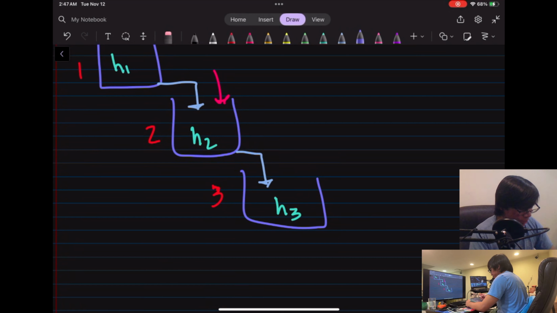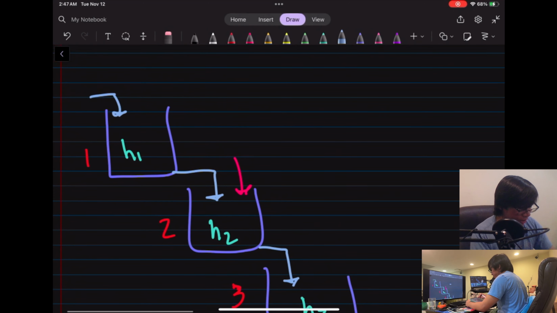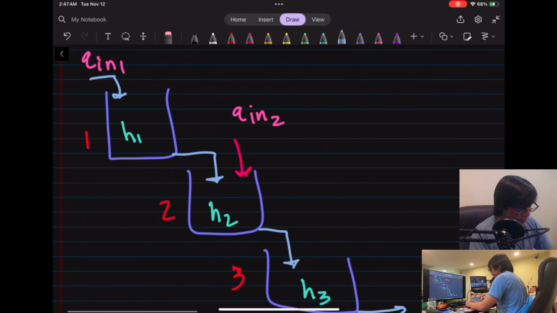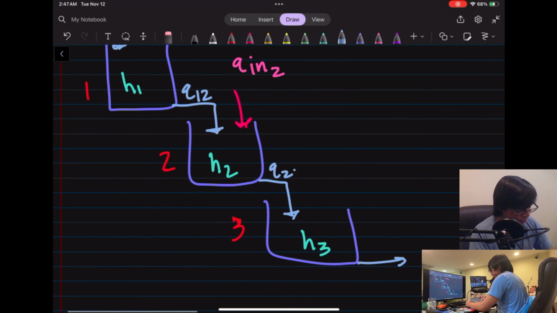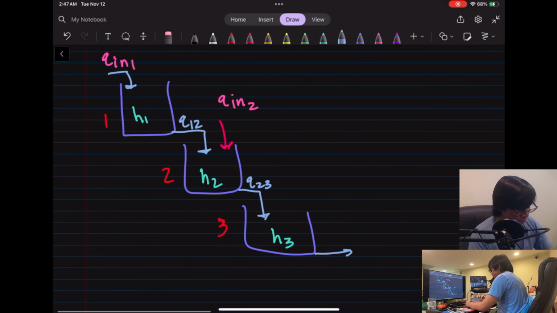I don't remember if we're interested in this outlet stream for the third tank, but I'll write it in. Then we have a couple inlet flows, Qn1 and Qn2. And we have the outlet flows, so I can number these Q1,2 and Q2,3. And I believe that's all.